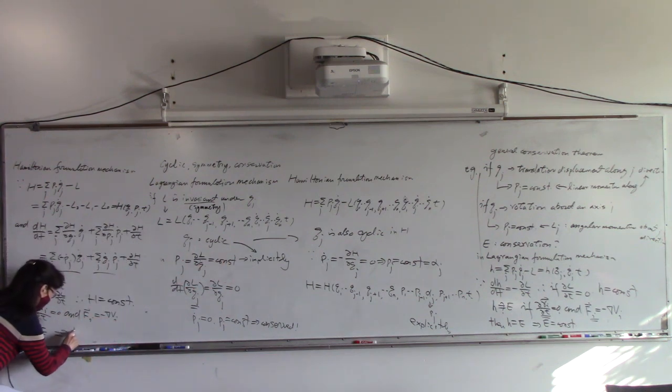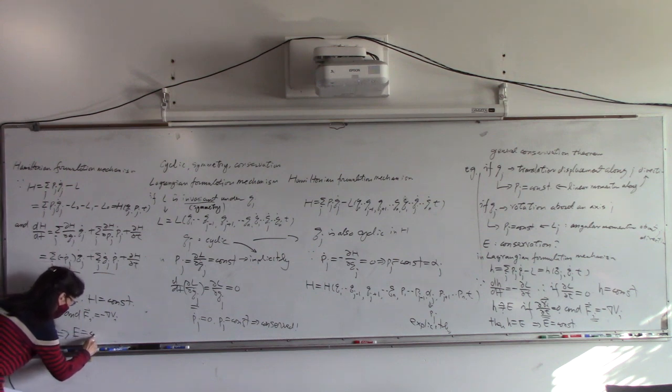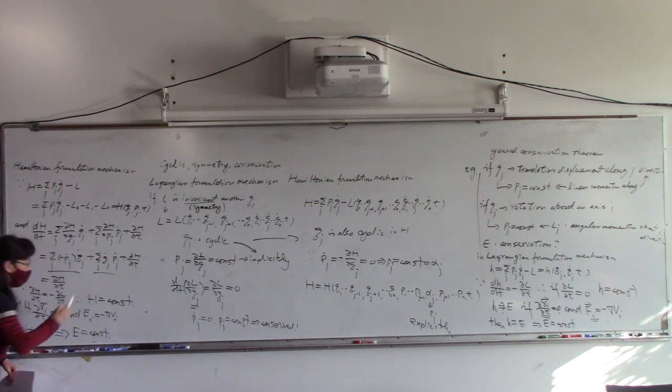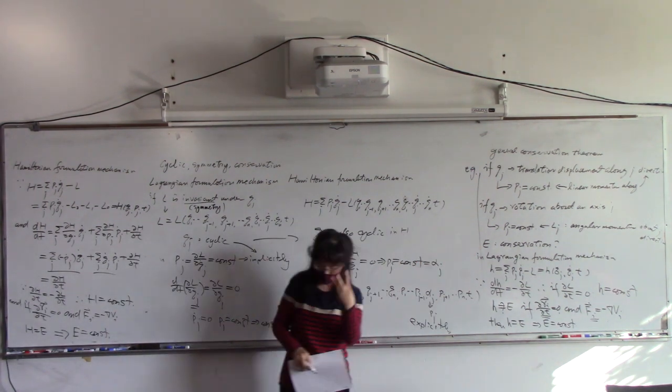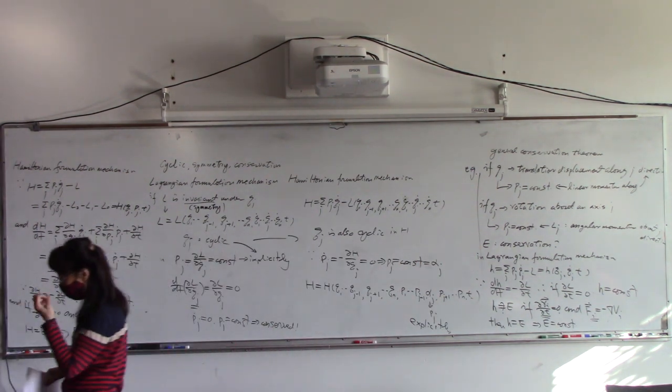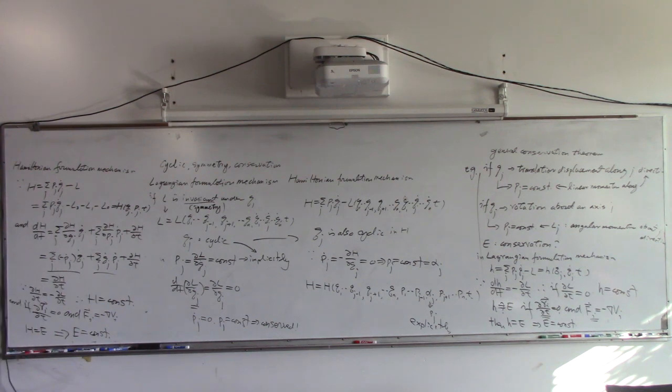Therefore, we conclude energy is conserved. To answer the question of energy conservation, we need to judge two cases. First, look at whether the Hamiltonian depends on time or not, meaning whether partial H partial t equals 0. If yes, the Hamiltonian is constant, but whether the Hamiltonian equals energy, we need to check these two conditions.